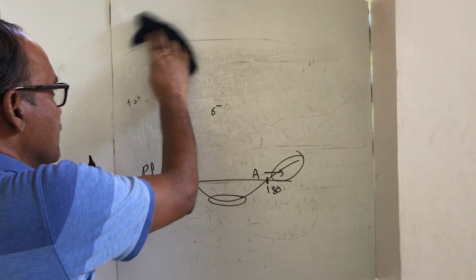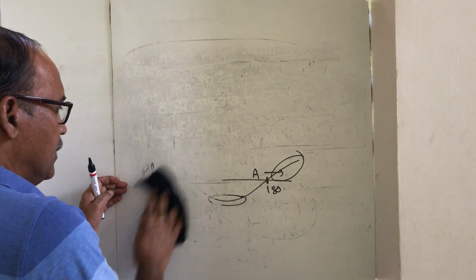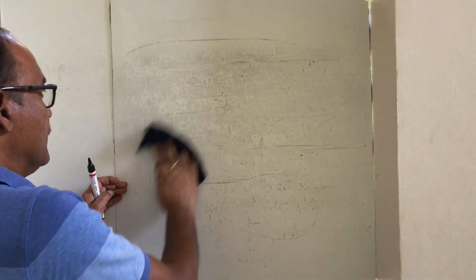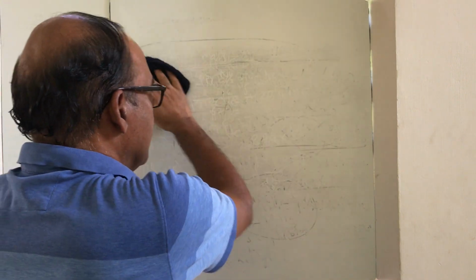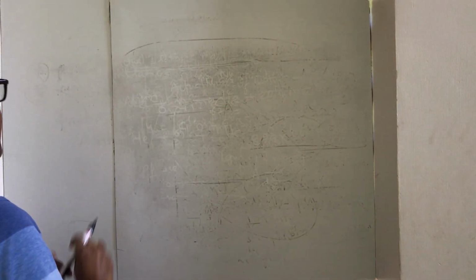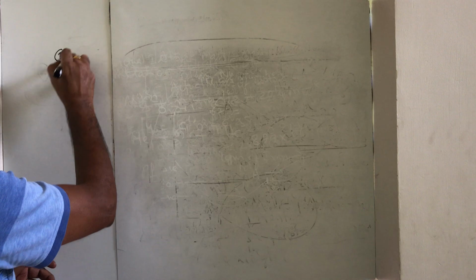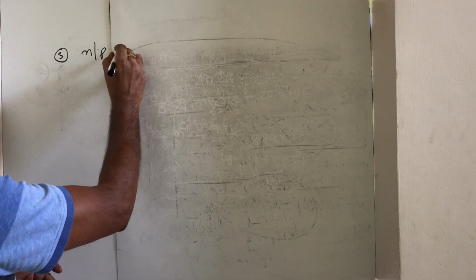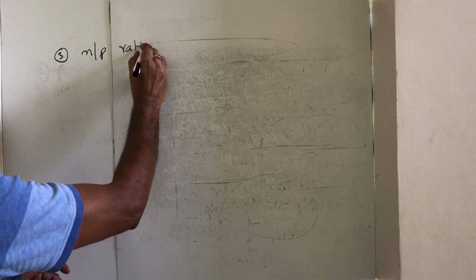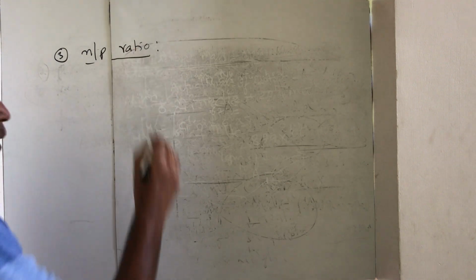The third aspect of nuclear stability is the N by P ratio. As we know, up to atomic number 20, the proton number is equal to the neutron number.